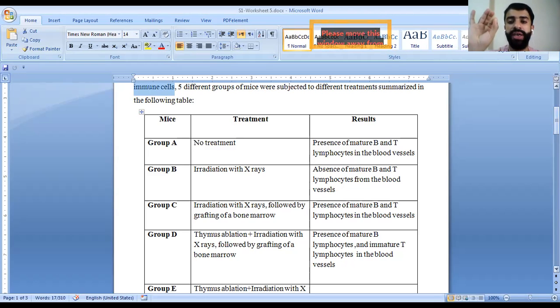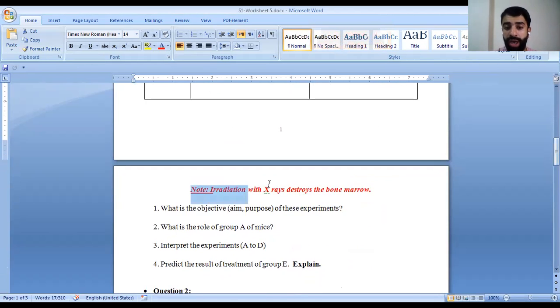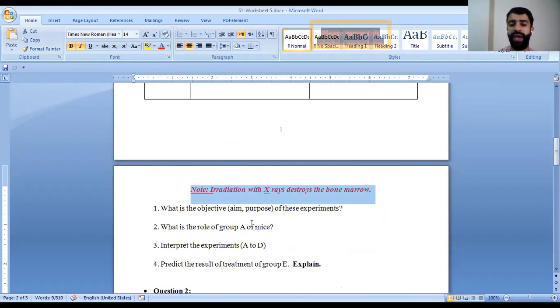Pay attention to the note here. Before we move to the note, what is the role of group A? We said that group A is called control group, used to compare and explain the different results. Note, irradiation with X-rays destroys the bone marrow.